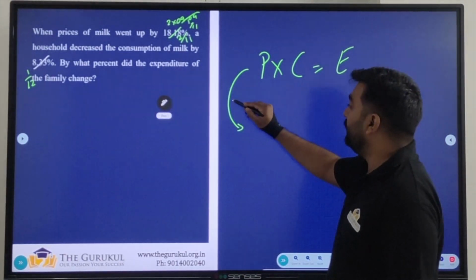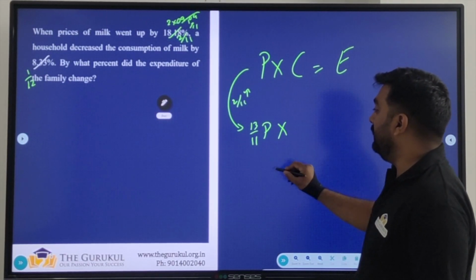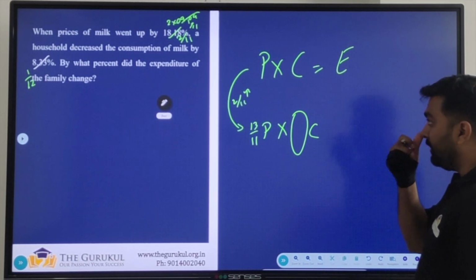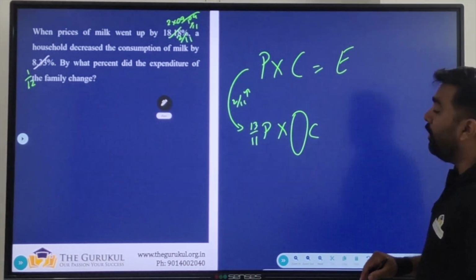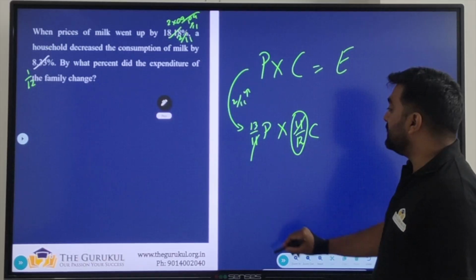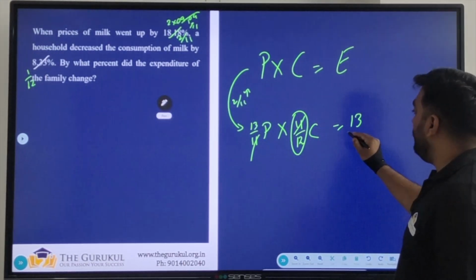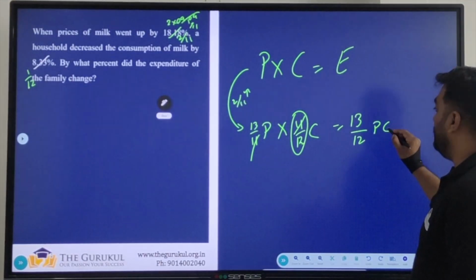Price went up by 2 by 11, that is 13 by 11 P, into something should happen for consumption, decrease of 1 by 12, so this will be 11 by 12. This gets cancelled. Expenditure will be, this next step will be 13 by 12 PC.